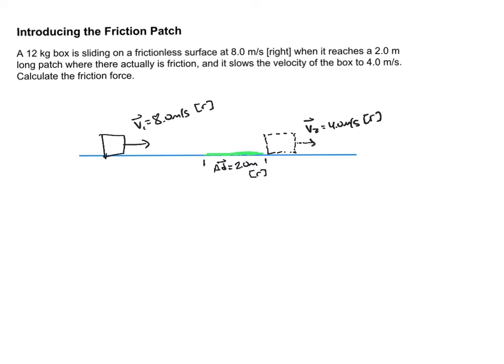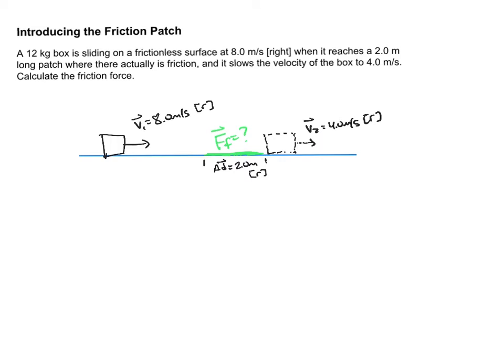So the question is, calculate the force of friction. How many newtons was this friction patch applying on this box? This is a combination of kinematics and forces, so we call this dynamics.